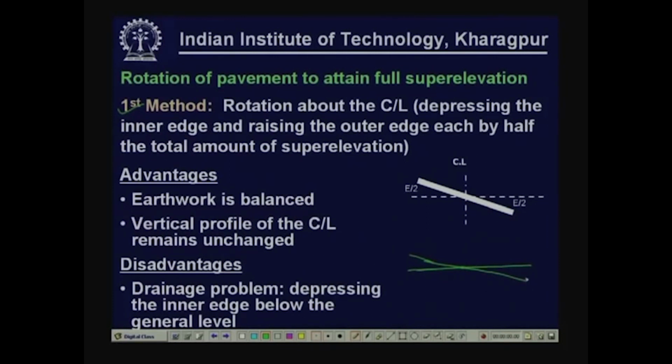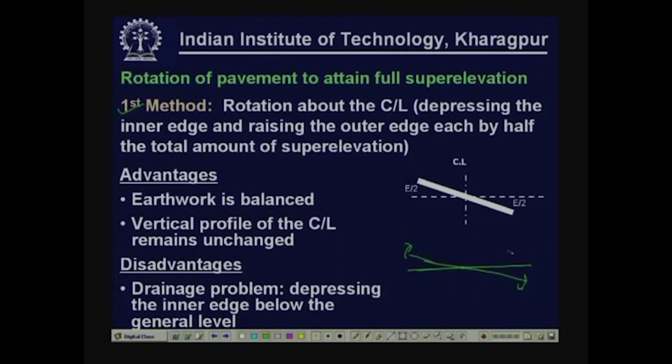Now, this line is rotated like this, rotated further to have the required super elevation. So, it is rotated with respect to the center line. So, the amount of depression for the inner edge and amount of raise for the outer edge should be equal.